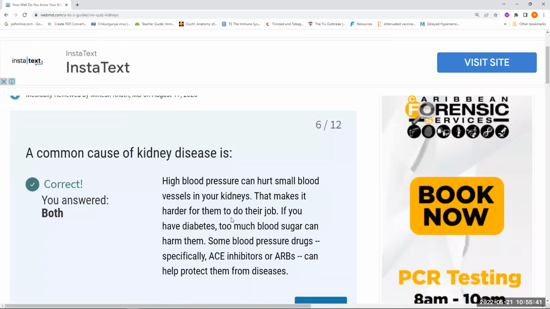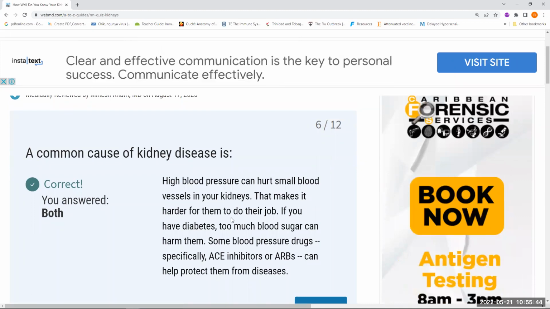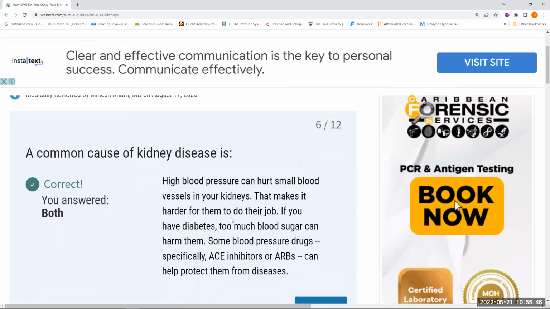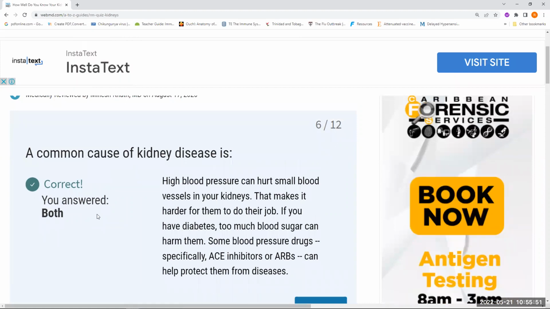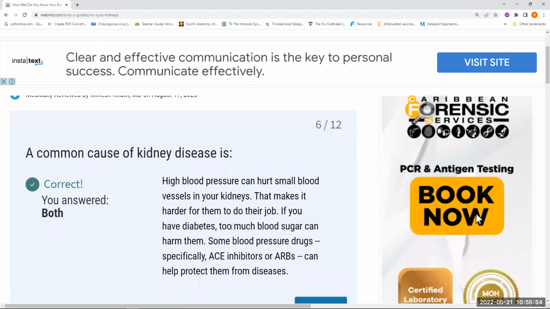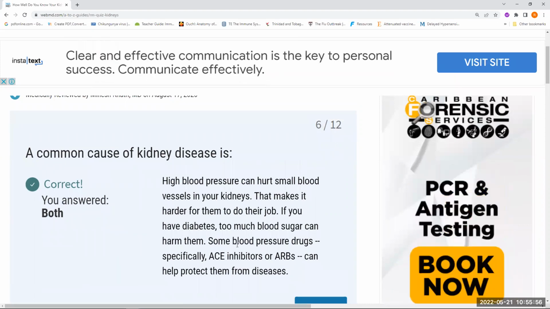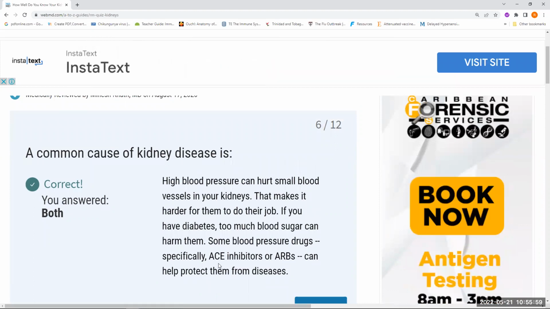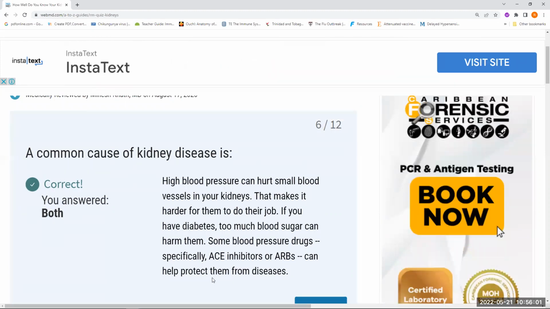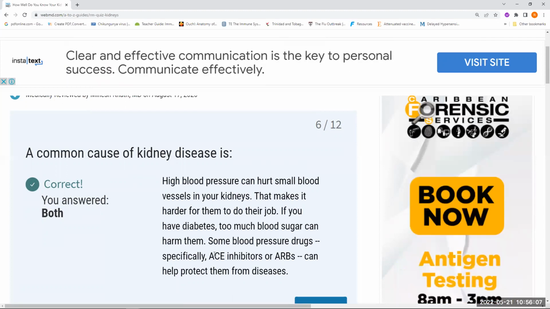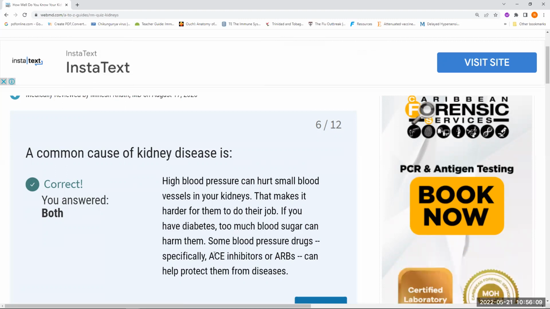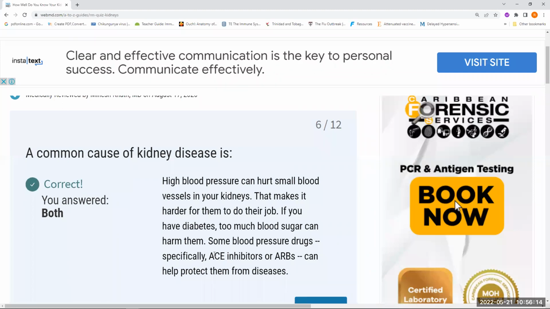Both of these things, in totally different contexts of course, could cause kidney disease, so it is very important to take note of that. Some blood pressure drugs, which are ACE inhibitors, can help protect from disease. Angiotensin converting enzyme is secreted, of course, by the lungs and acts on angiotensin 1, converting it to angiotensin 2, and then angiotensin 2 has those effects of raising the blood pressure.